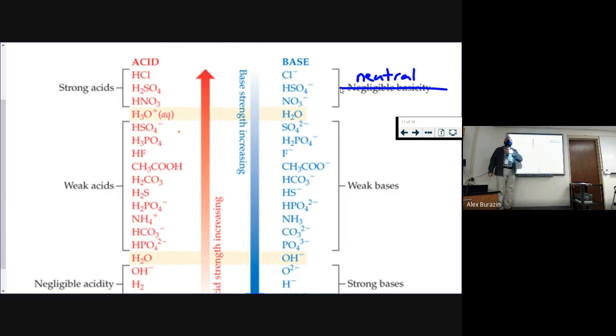I will use the term neutral. And when I say neutral, I'm talking about pH, meaning like a pH of 7. Okay? So I have a strong acid, HCl, very strong. Its conjugate is extremely, extremely non-basic, meaning it's neutral.